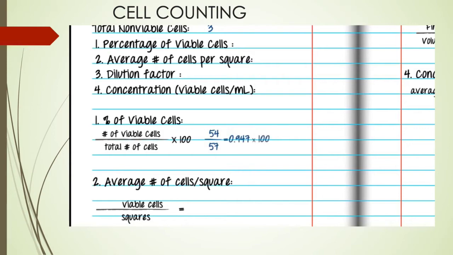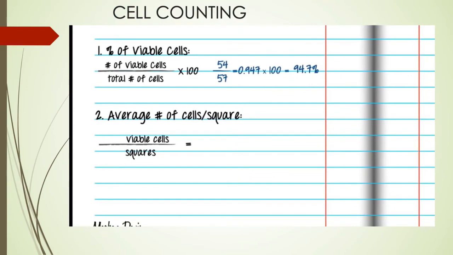Multiply by 100, and the percentage of viable cells is 94.7%. Next, let's determine the average number of cells per square. We counted 54 viable cells. We divide 54 by 5 because we counted in 5 squares. The average number of cells per square is 10.8 cells.